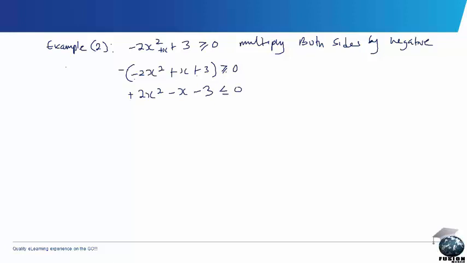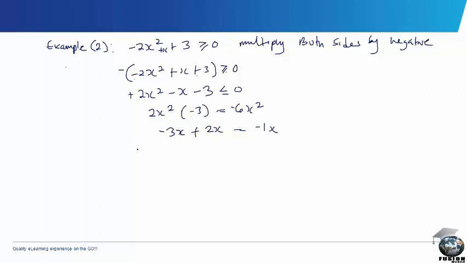Okay, and so from this point we solve the quadratic by the factorization method. We multiply the first and last terms to obtain -6x². So the two numbers I can add and subtract to get the middle term are -3x plus 2x, to give -1x.